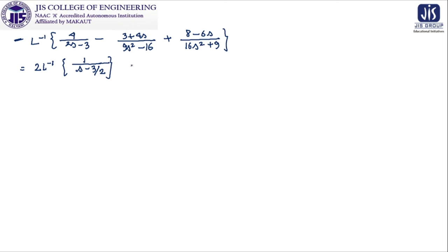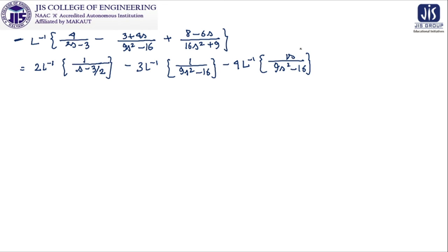Minus 3 of Laplace inverse of 1 by 9s square minus 16. That means we are distributing this 3 plus 4s, and minus 4 of Laplace inverse of s by 9 of 9s square minus 16, because 4 is taken out.